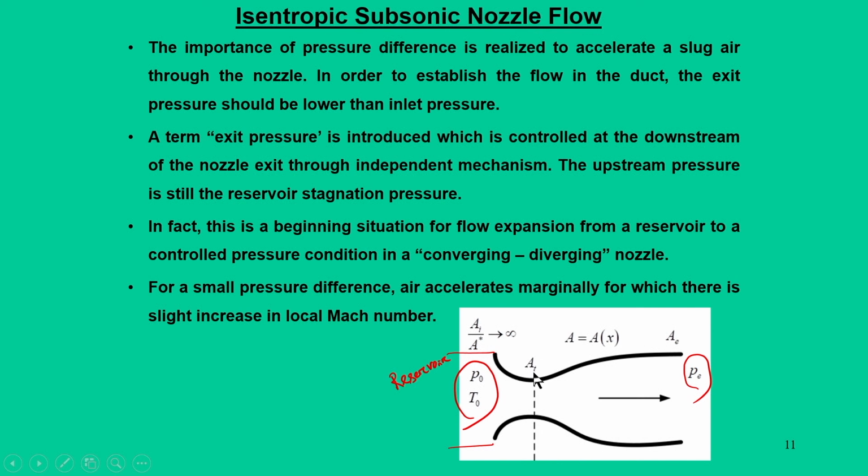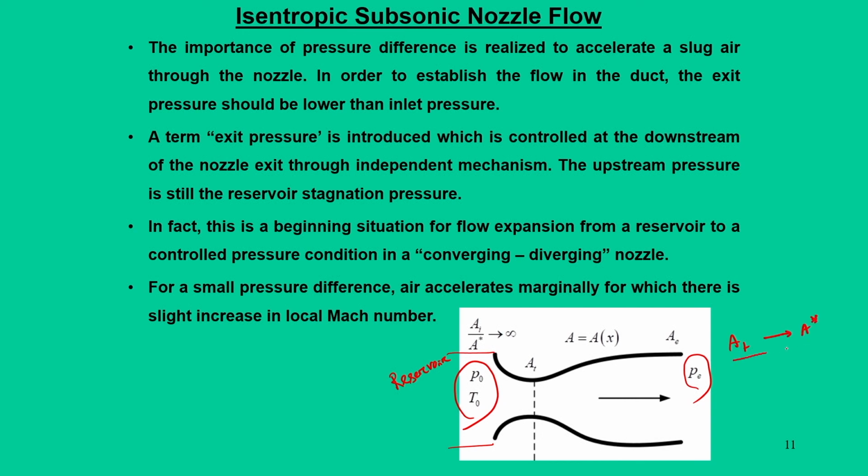And another point that I need to emphasize: when you say it is a supersonic flow, we said the throat is the minimum area, and at this minimum area sonic flow happens. But when we say subsonic flow, throat is also a minimum area, but the flow will not necessarily be sonic. So, this is the very basic philosophy, whether AT, the throat area, approaches A star or not.